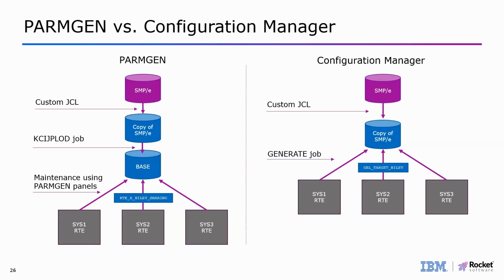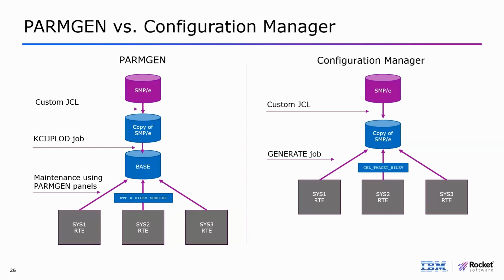That's what's indicated by the KCIJPLOAD job here. But from there, effectively, you will have to do your respective ParmGen jobs one by one to refresh your runtime environments. As you can probably see, the base really is an additional indirection.